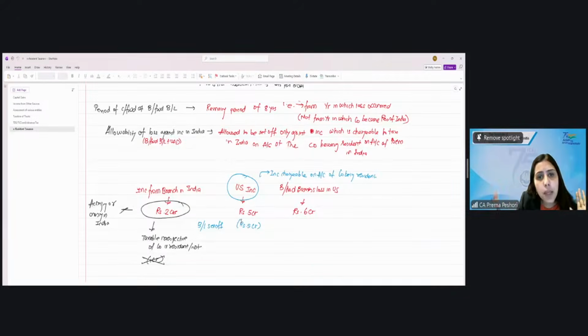Now let's say this company becomes a resident in India because it has a POEM in India. And the global income of this company is, let's say, 5 crore. And the brought forward losses are 6 crore. So now we will not set off the entire 6 crore. We will only set off against the 5 crore rupees. Are we clear? Is this understood, students?